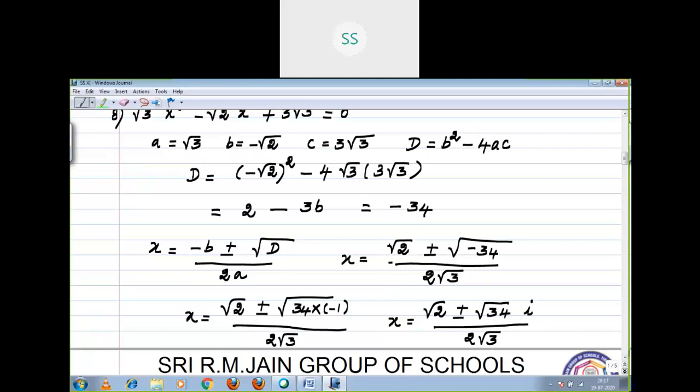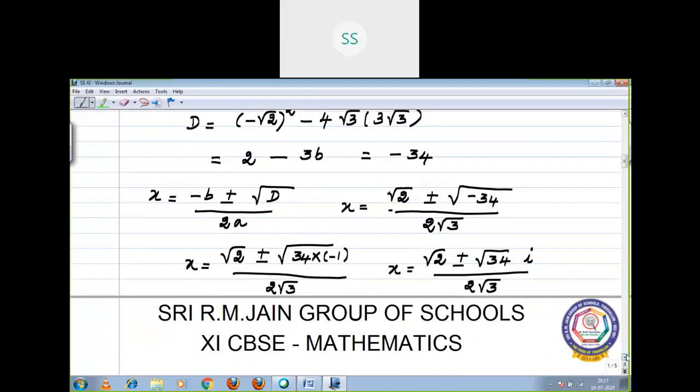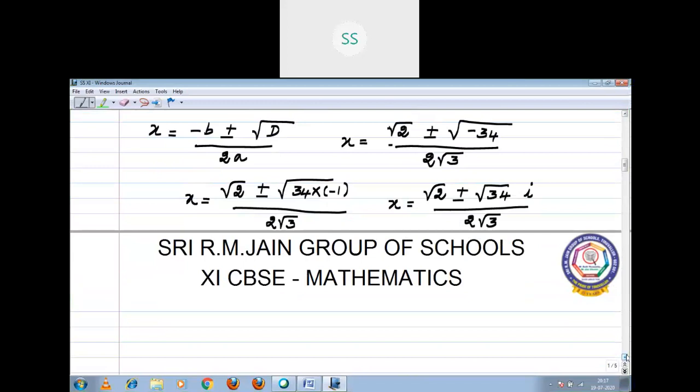Therefore, the roots are, one with positive and one with negative.